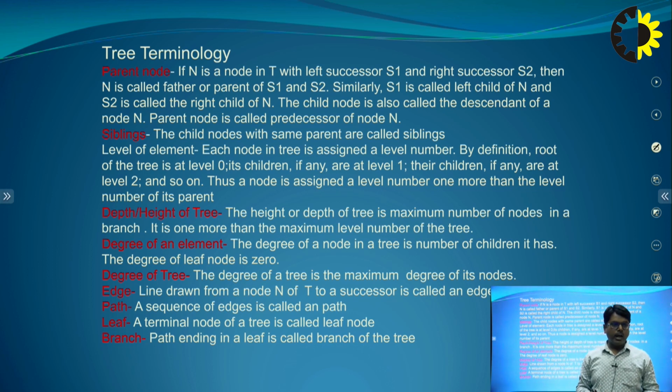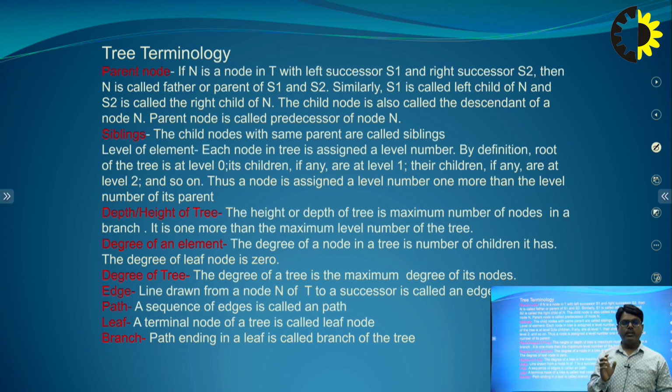Now, edge, path, leaf, branch. The edge is what? If you consider the parent node, root node, and the subtrees, that is the left subtree and right subtree, then when we are trying to identify what an edge is, you just have to check the connected nodes from parent nodes or any of the subtree nodes.